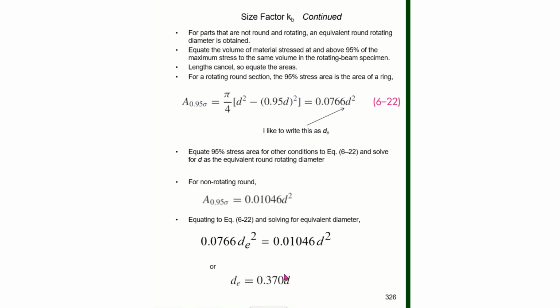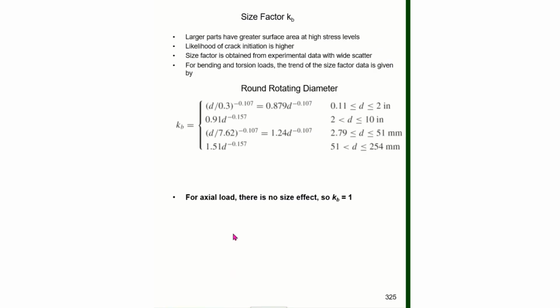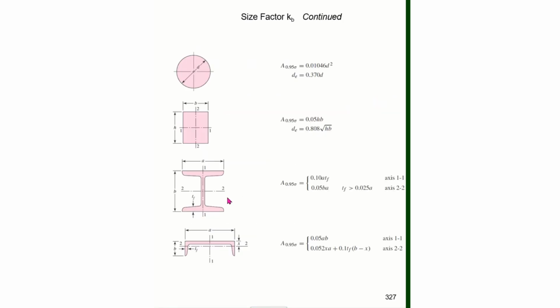So I'd stick in the diameter of my non-rotating round bar, and I would compute the effective diameter that I would then come back to these equations here for KB, and I would use d effective in these expressions to compute KB. Now your book has a nice table where it gives you the A95 for the particular cross-section and geometry, and it also gives you the d effective.